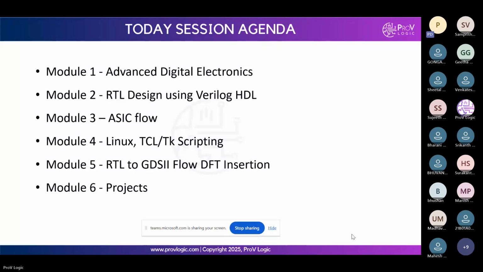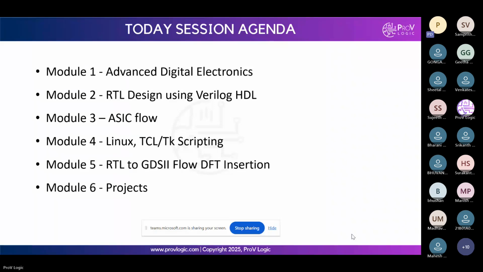We will be discussing the structure of Tcl and how to develop Tcl scripts for physical design. And Linux is an interactive terminal, so there is no need for us to go into detail on Linux, but we will be using the basics of Linux to communicate with the EDA tools, as in physical design tools. So we will understand the basics of Linux and the entire part of Tcl in module 4.